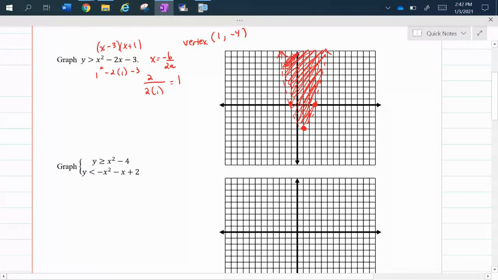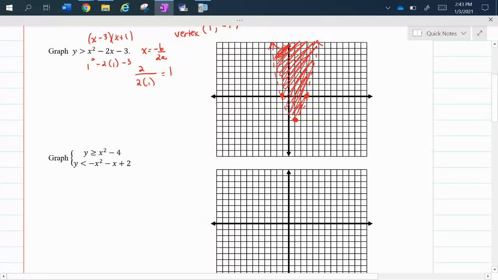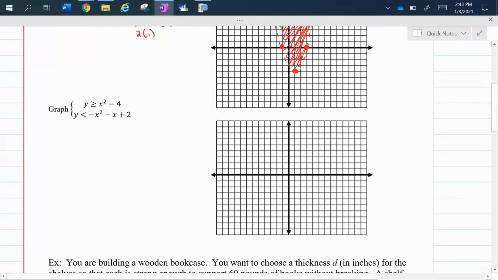We can also look at a quadratic system of inequalities where there are two. And when there are two, remember, we want to only shade the area of intersection. So let's see. The first one, y is greater than or equal to x squared minus 4.